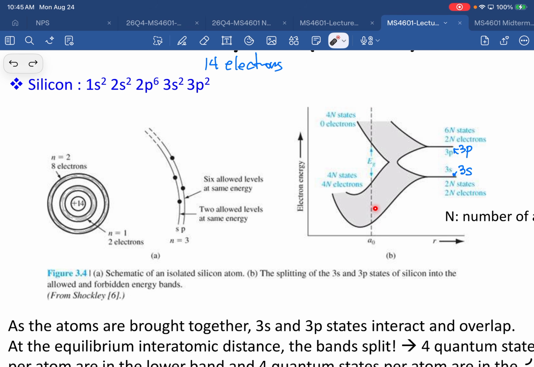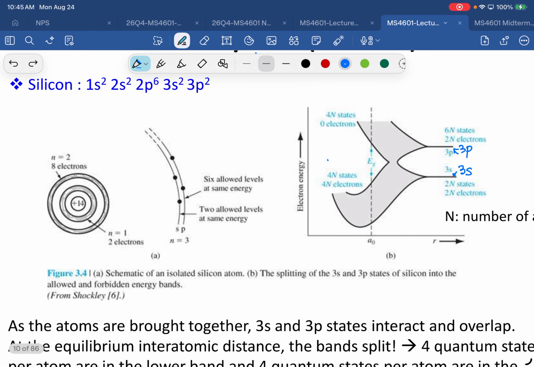Here, the lower band has 4N states, and the higher energy band has 4N states.